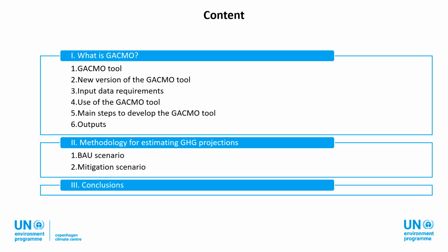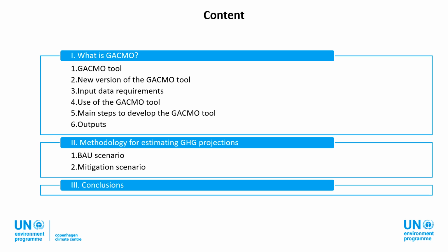The content of this presentation is as follows. I will start with a brief introduction of the GACMO tool, follow with the explanation of the new version of the GACMO tool, use of the GACMO tool, main steps to develop the GACMO tool, input data requirements, and outputs of the GACMO tool.